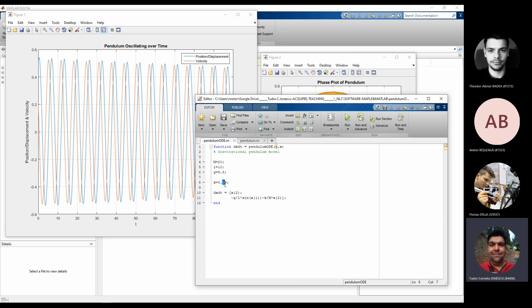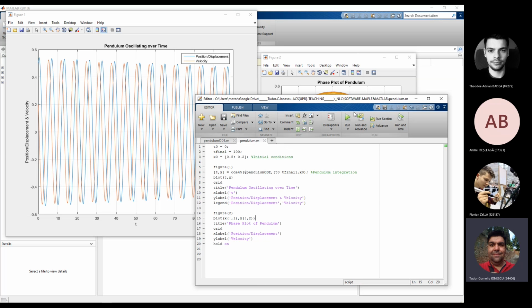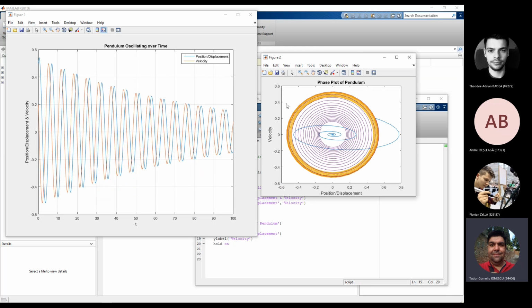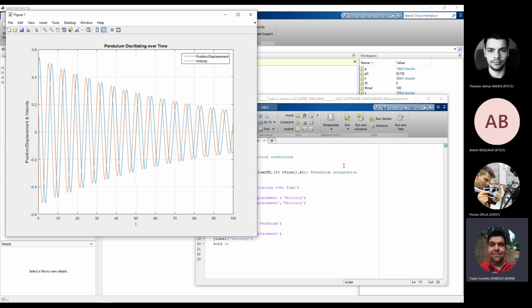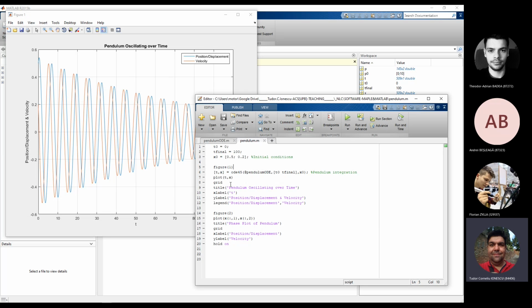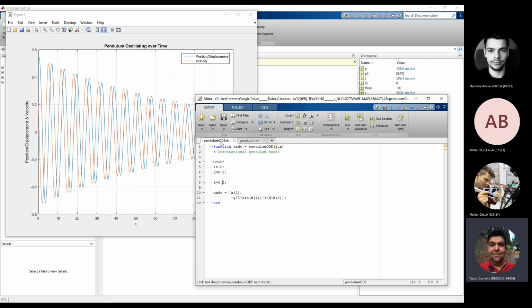So let's make it 0.5. Save. Run. You see, it's already becoming a focus point. So the behavior is changing. Let's see what happens if the friction is 0.